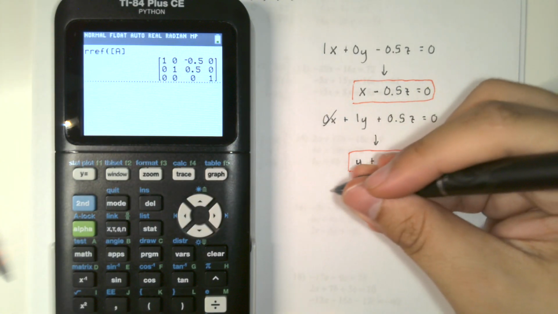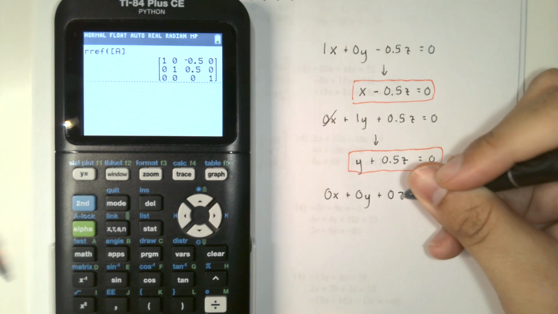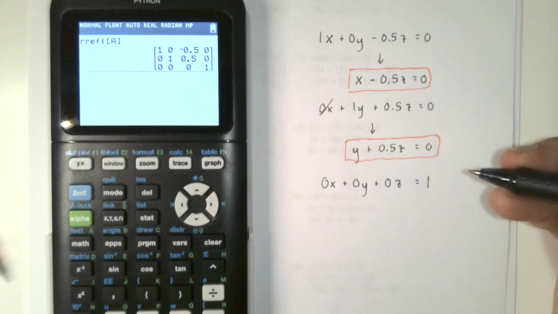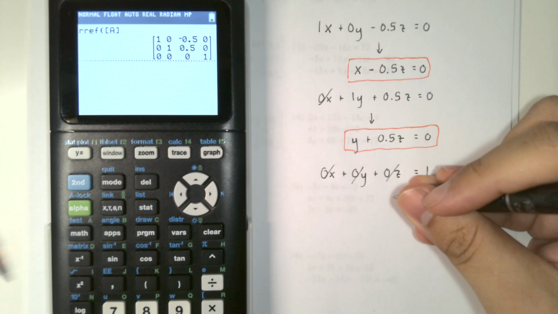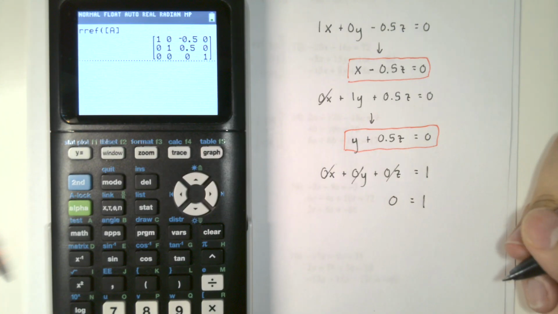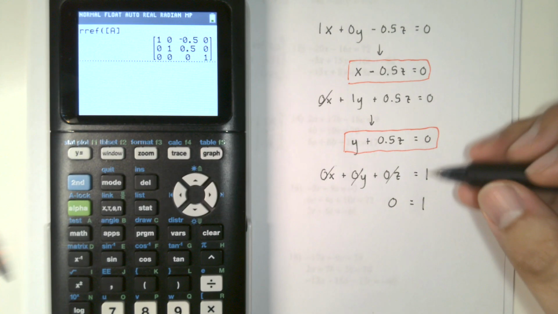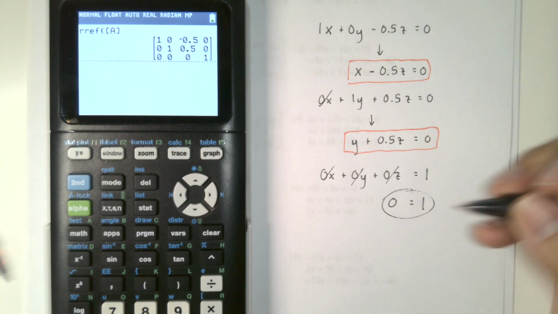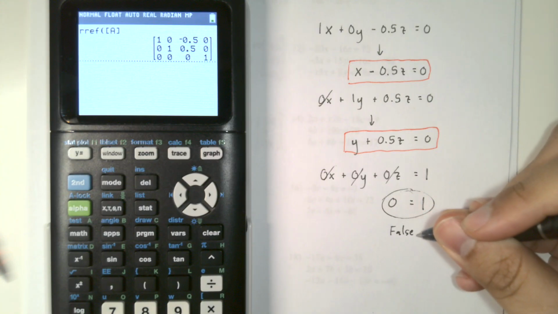Because what that means is we have 0x plus 0y plus 0z is equal to 1. And really, all of this is just 0 is equal to 1. And so, just like what we saw in the last two videos, this 0 equals 1 condition is false. This is not true.